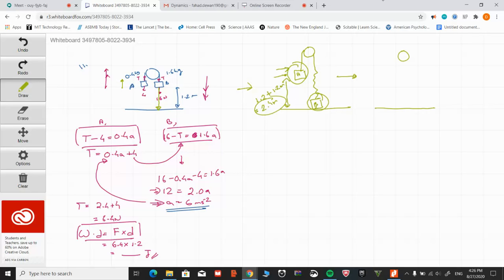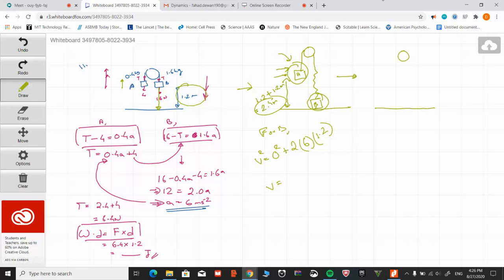So what we can do is figure out what was B's speed at the moment of contact with the ground. That is also A's speed at this point. So let's do that. For B, V squared is equal to U squared plus twice into the acceleration into the distance moved, which is 1.2.